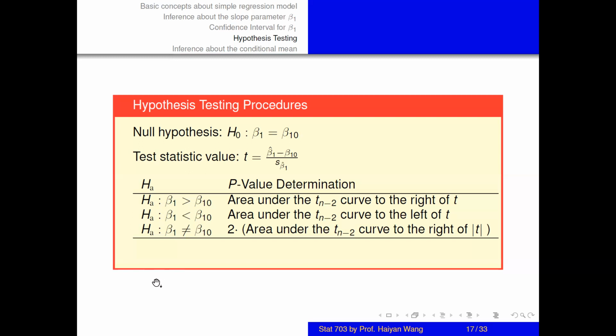So the p-value in this case would be two-tailed, the left tail plus the right tail. If we use the absolute value of the t-statistic, it's the area in the t-distribution on the right-hand side, and then double it, because the t-distribution is symmetric. So that's the p-value.